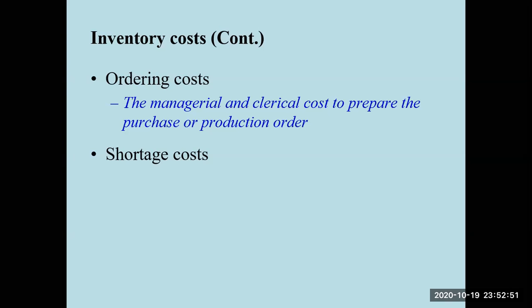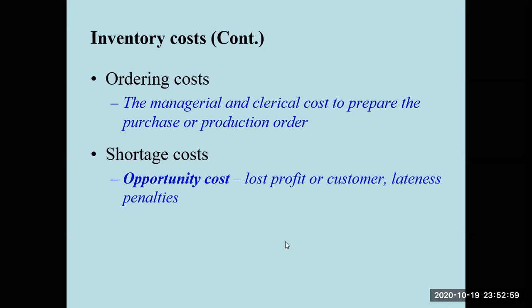And shortage cost: if there is demand but out of stock, no inventory, we call that opportunity cost, because there is demand but there is no inventory, so we cannot sell. So there is an opportunity to sell, but because there is no stock, we cannot sell. So shortage cost is opportunity cost.